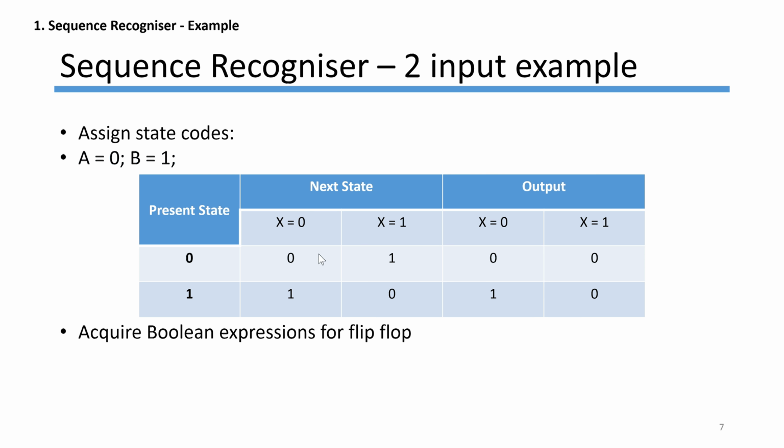Now, from this state table with assigned codes, you are now required to derive the Boolean expression for the flip-flop. So in our case, we have one flip-flop representing the current state. You can expand that as much as you want.